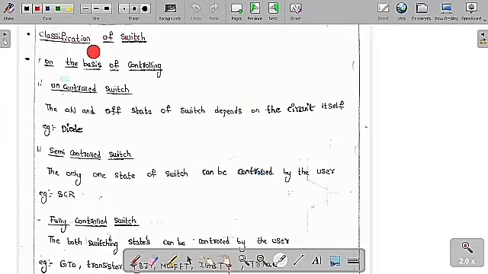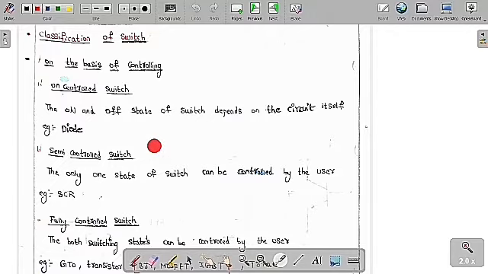So now we are going to learn the classification of switches. We are going to classify switches on the basis of controlling. On the basis of controlling, we get the uncontrolled switch and the semi-controlled switch. Here you can see the first case, which is the uncontrolled switch. Uncontrolled switch means the on and off state of the switch depends on the circuit itself.